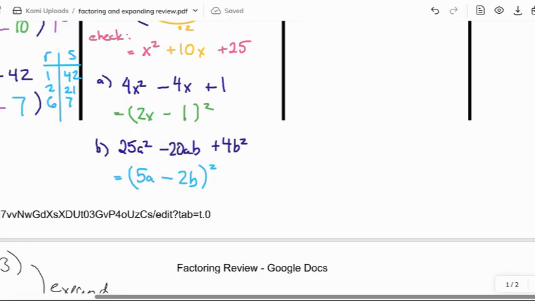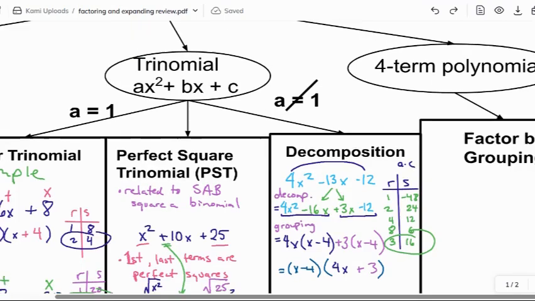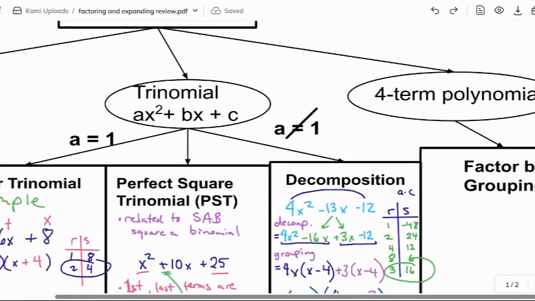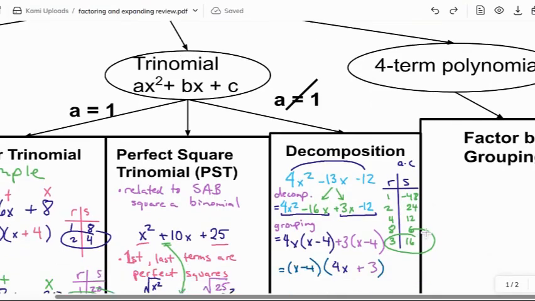And now I'm going to check that middle term. 5a times 4b is 20ab, doubled. Oh yeah, it works out. Tricky, but really efficient.